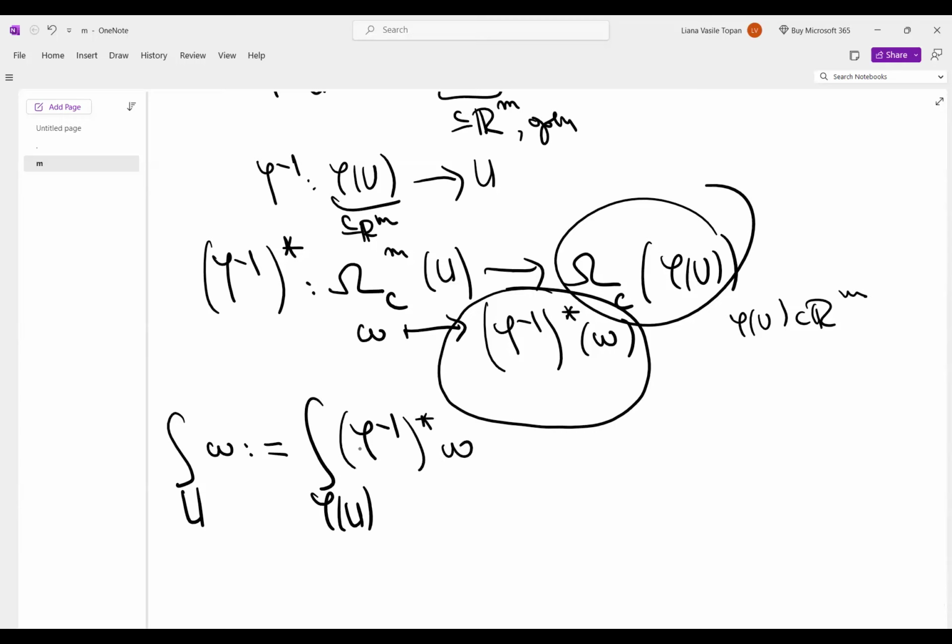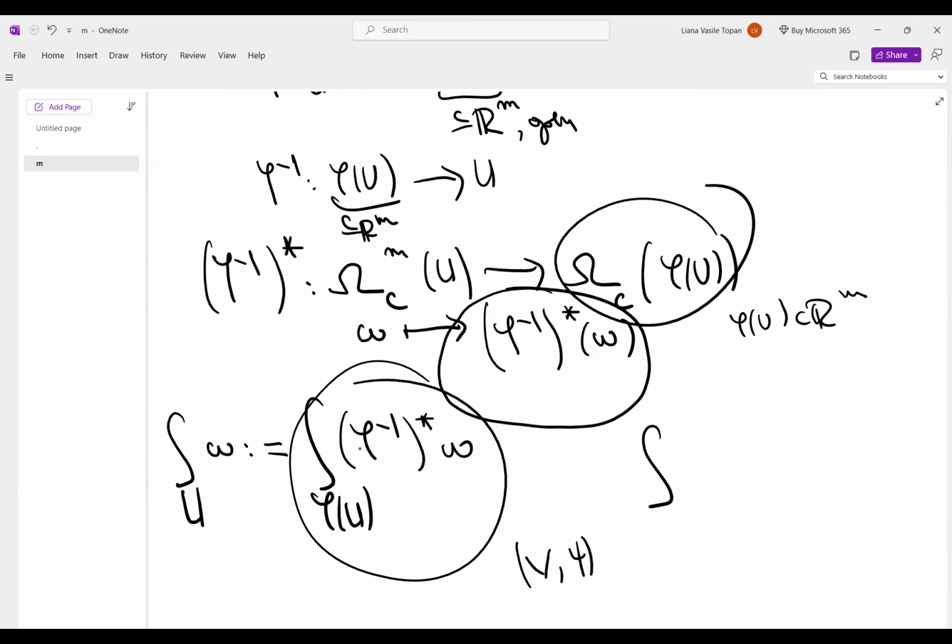And now we can prove, again, a form on a subset of Rm, that this definition is independent of the choice of the representer. So if we change the charts, then the integral will be the same. If you take another chart psi and compute the pullback by psi inverse of omega on psi of U, then you will get the same thing.